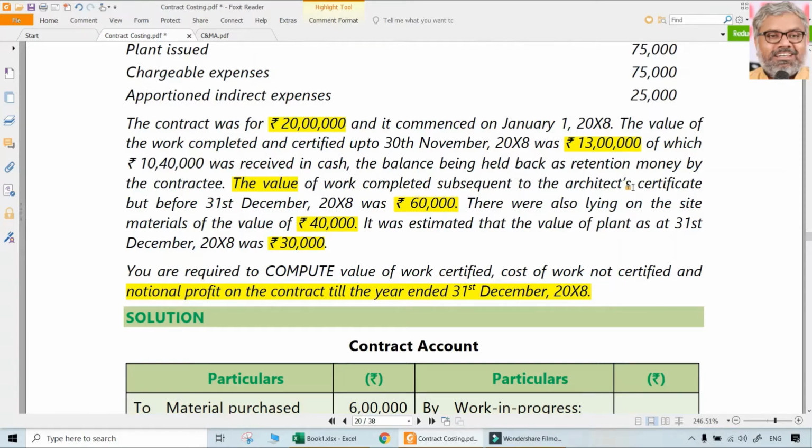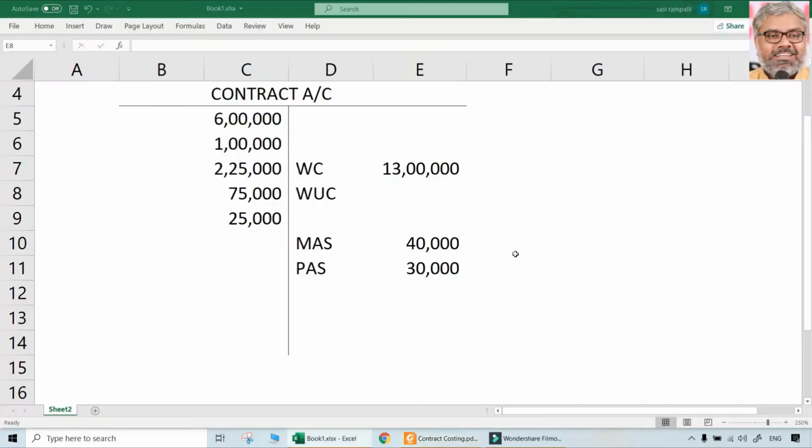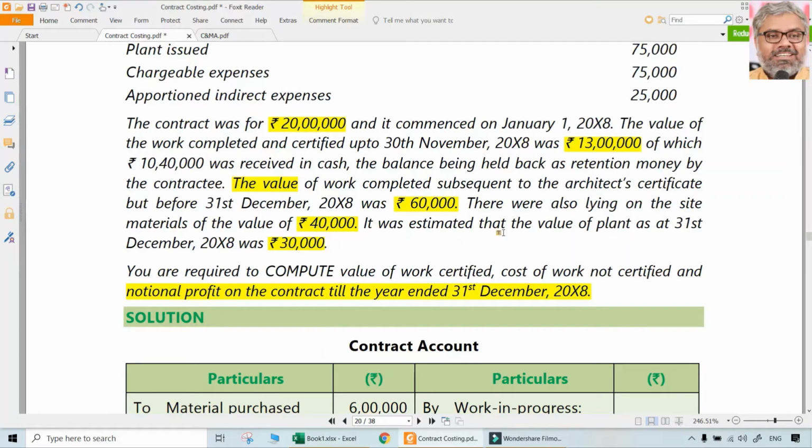Since we don't know whatever the percentage here, we can find out also proportionately. If it is value also we can find out, but I think as per the solution also it is not value, it is cost of the work uncertified. Okay, let us take it like that rather than complicating it. Anyway, in other questions we'll have to compute these things. There we will do.